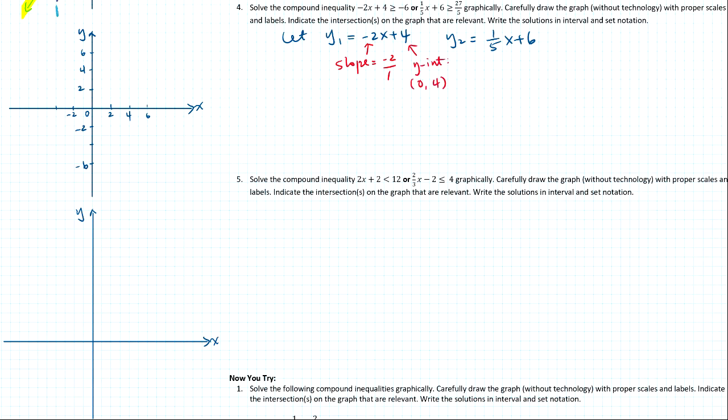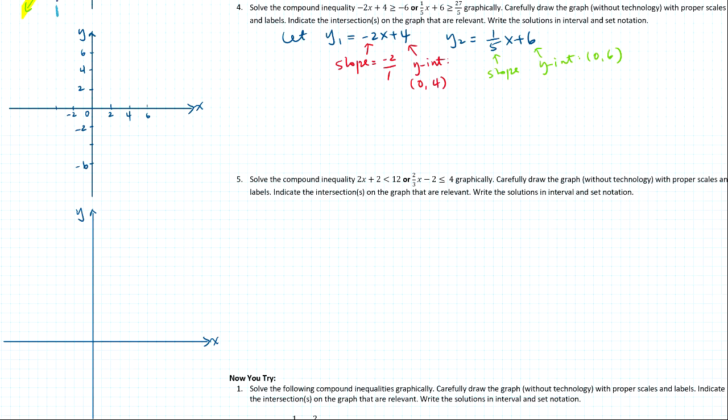Similarly for y2, the slope is exactly 1 over 5, and the y-intercept is (0, 6). This is the information we can gather just by looking at the linear expressions.